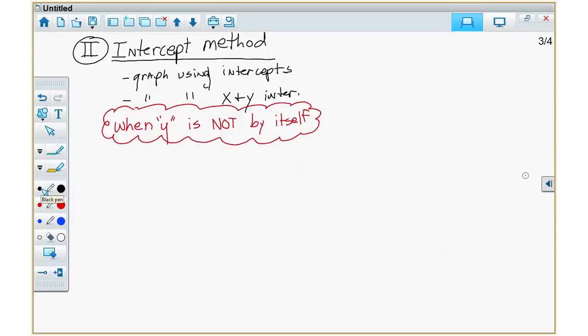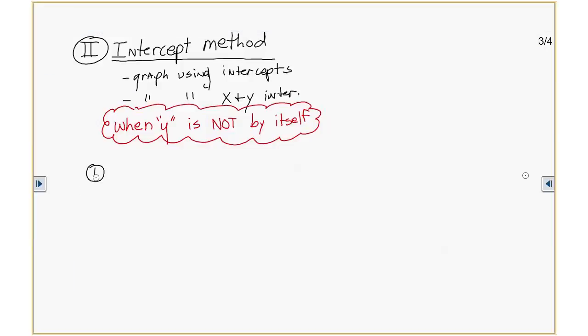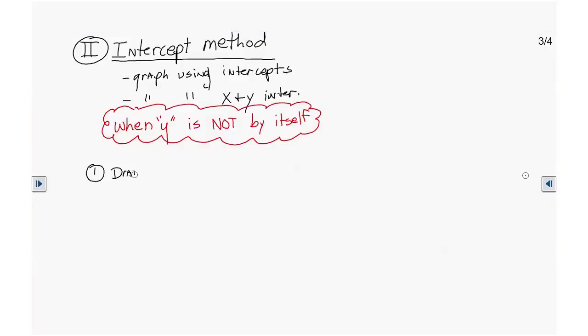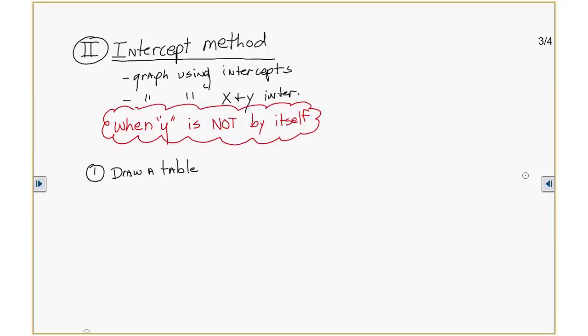The first thing you do is draw a table. A table is a little bit bigger than a chart. It's going to take up something like this.